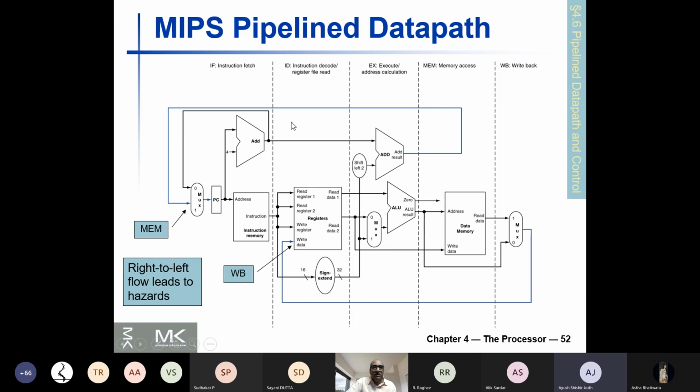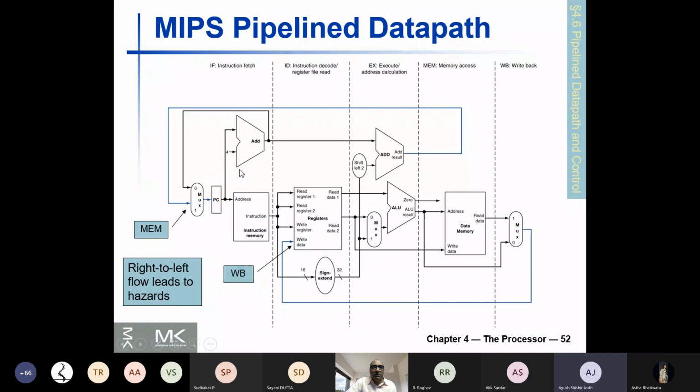So whatever the outcome of the fetch stage has to be smoothly passed to the next stage. Likewise, stage 2 has to pass to stage 3 and so on. For passing this information smoothly over the stages, we need some storage. We assume all the pipeline stages perform their operation in one clock cycle.